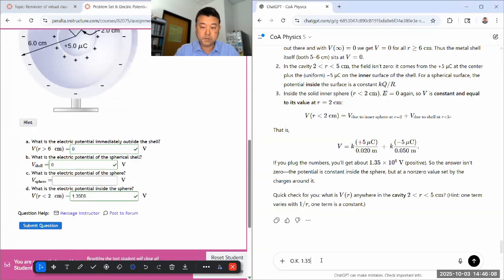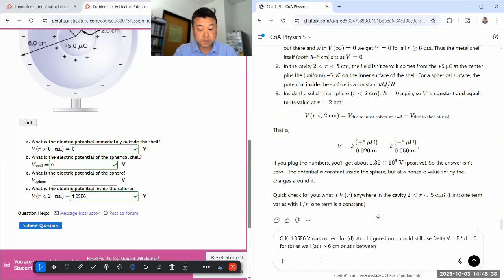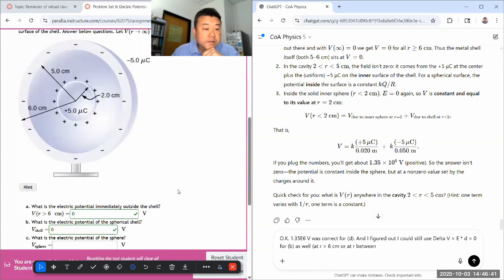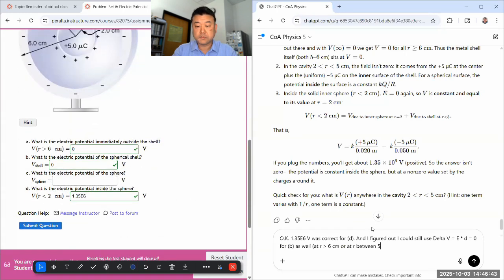Okay, 1.35 E6 V was correct for D. And I figured I could still use delta V equals 0 for B as well, at r between 5 and 6 centimeters.